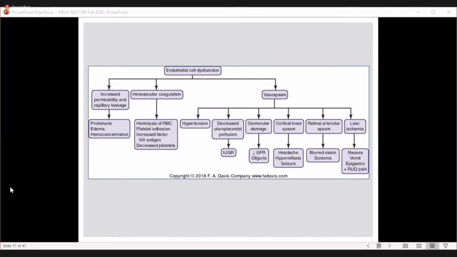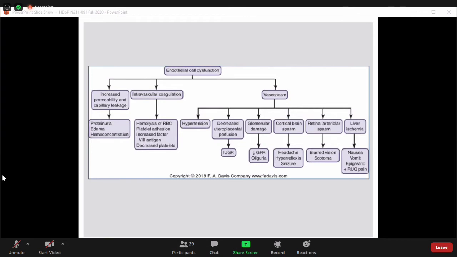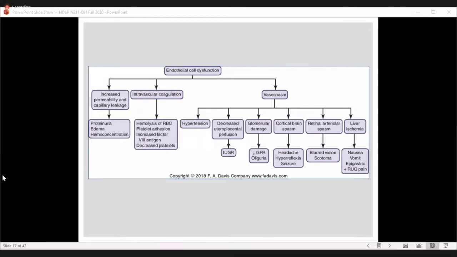So the blood is thicker. You have this edema. Those are some of what contribute to the impaired liver function. I already mentioned reduced urine output. So looking at this slide, we have edema.